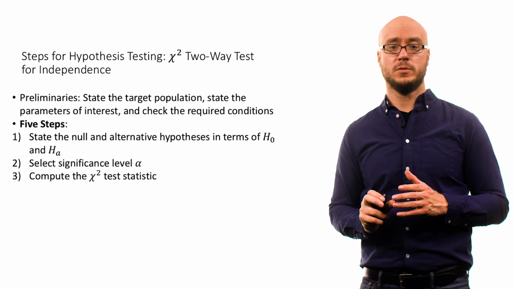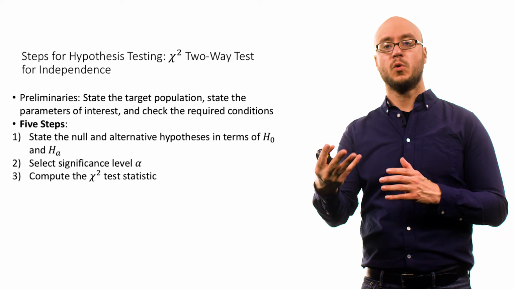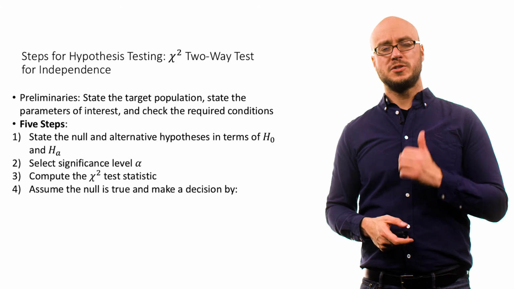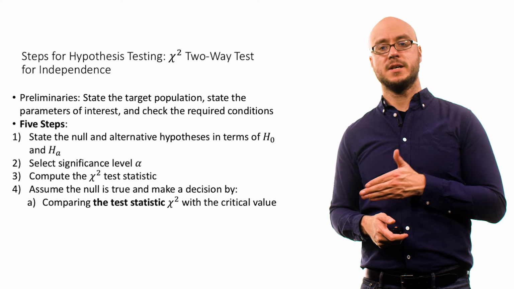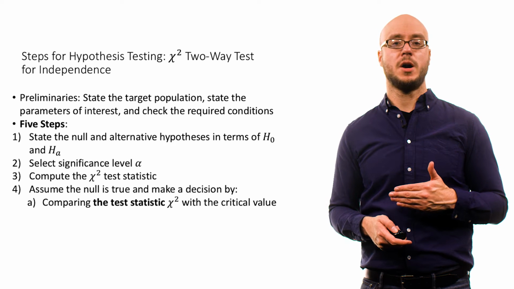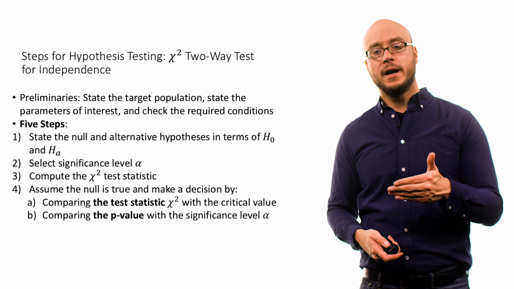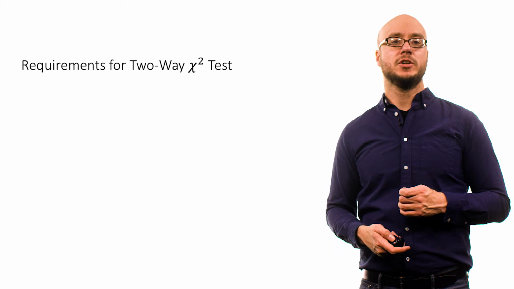The basic idea holds that the more extreme that chi-square test statistic, the more inconsistent our data is with the null hypothesis. Then you assume the null is true, and make a decision by comparing that chi-square test statistic with a critical value that lies on the chi-square distribution model with a certain degrees of freedom. You can also compute the p-value. Then you finally state your conclusion.